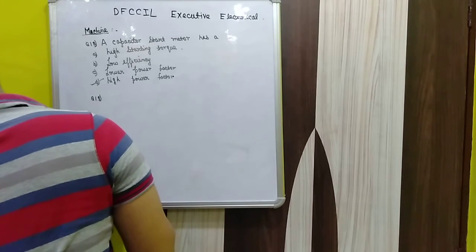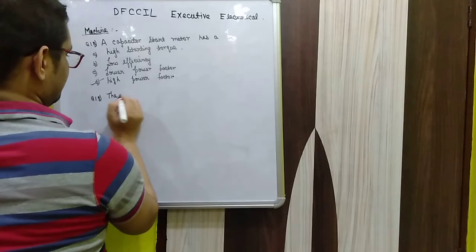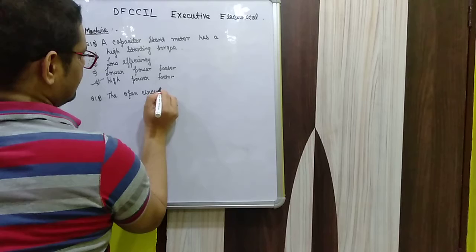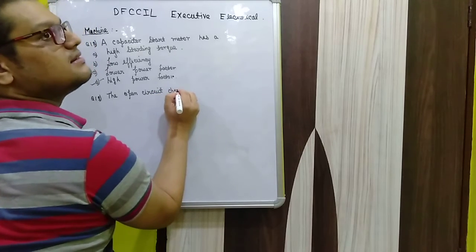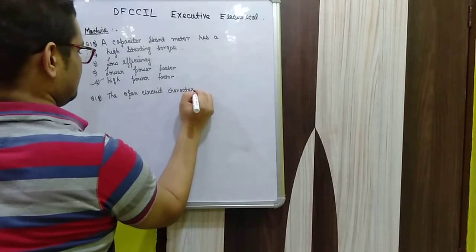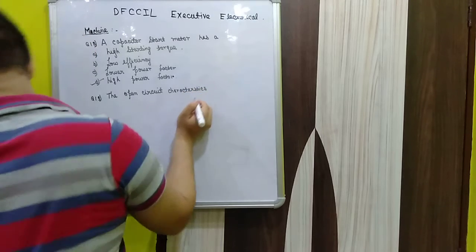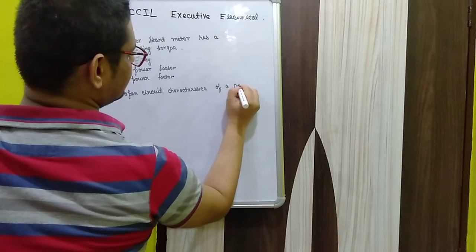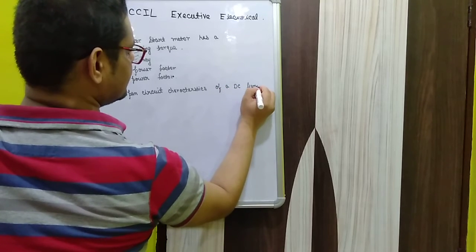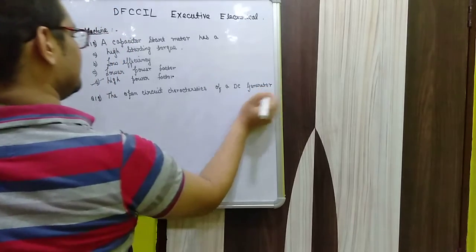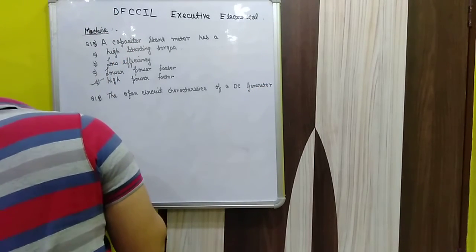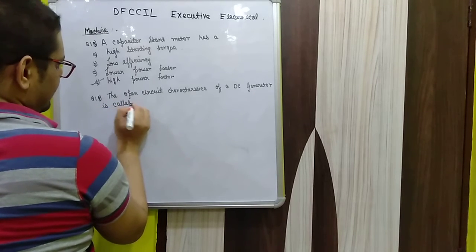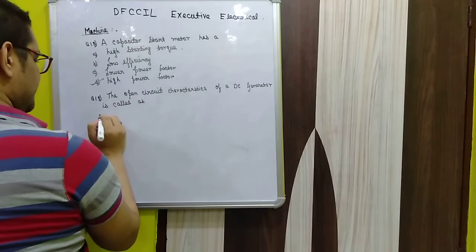That is the open circuit characteristics. The open circuit characteristics of a DC generator is called as, and there are four options given.